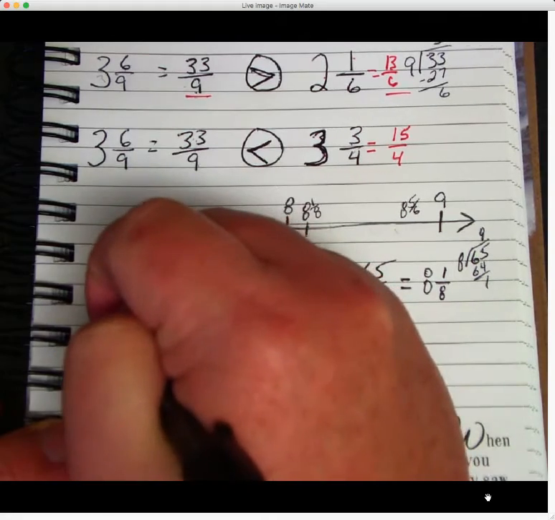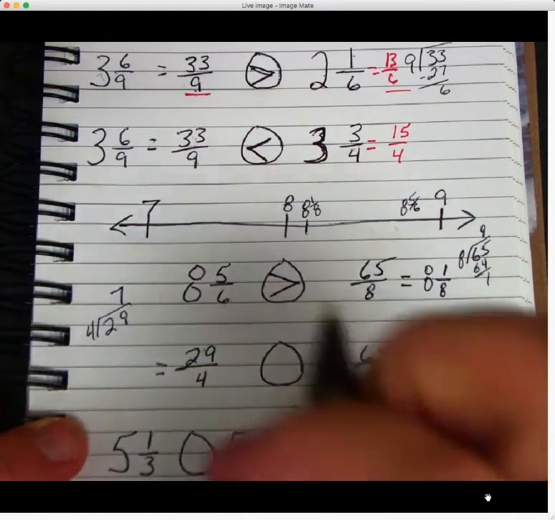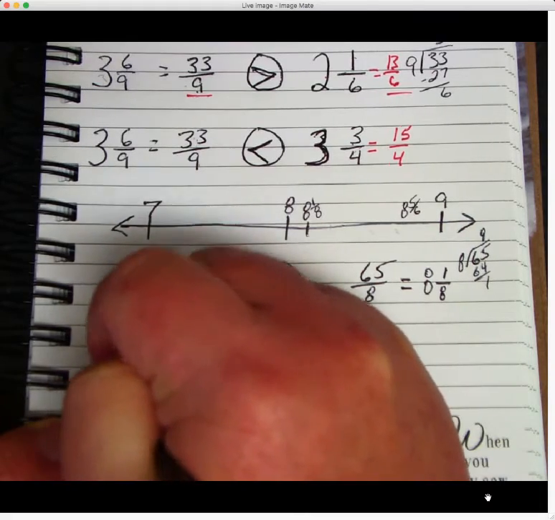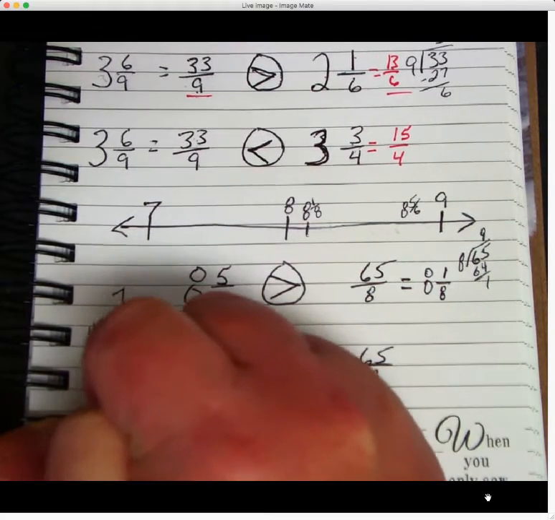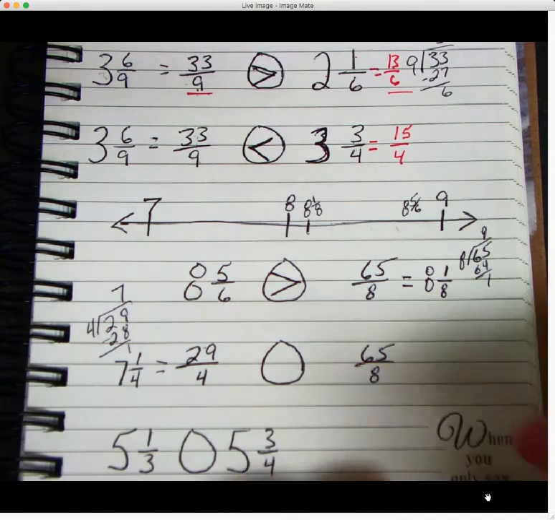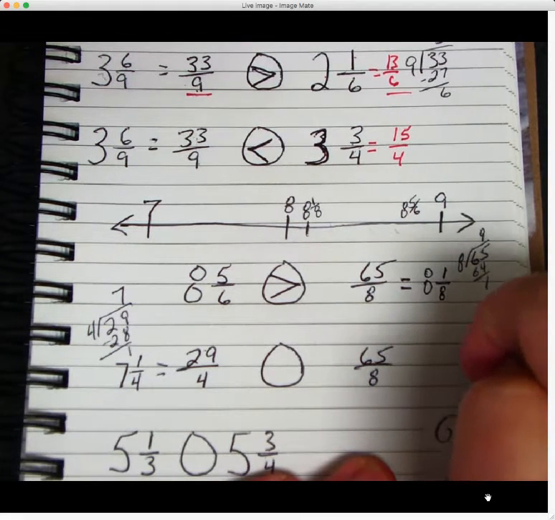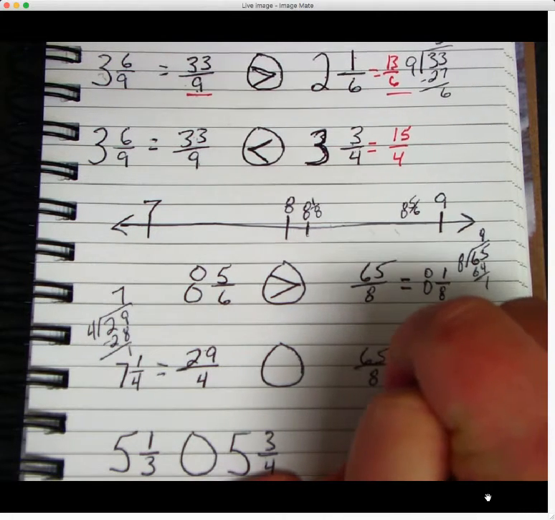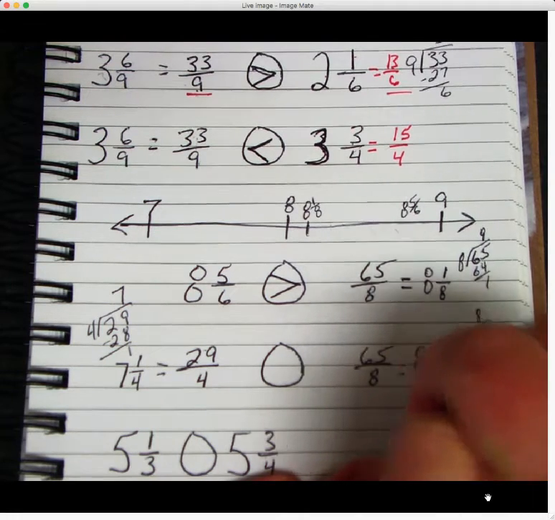I know that 7 times 4 is 28. 29 minus 28 is 1, so it's going to be 7 with 1 left over, 7 1/4. 65/8. I'm going to do 65 divided by 8. 8 times 8 is 64. 65 minus 64 is 1, so it's going to be 8 1/8.